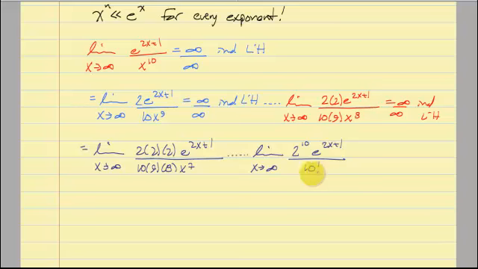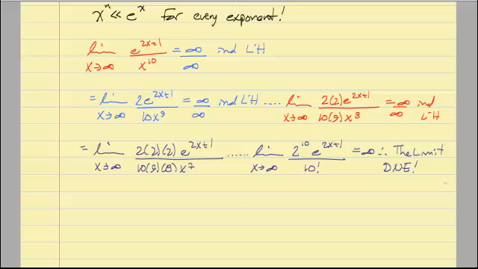This is a factorial. It grows rapidly as well, but it does not trump the exponential. So this is going toward infinity, and I'd have to say therefore the limit does not exist.